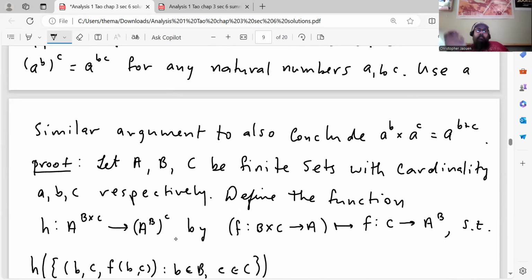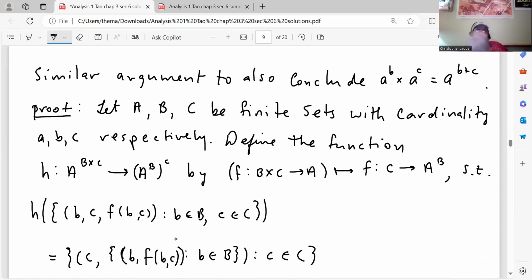I have a little thing to say about that second part when we get to it, but let's do the first part to start with.